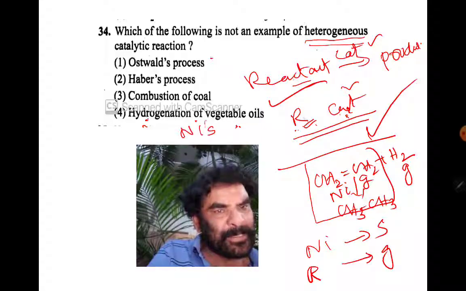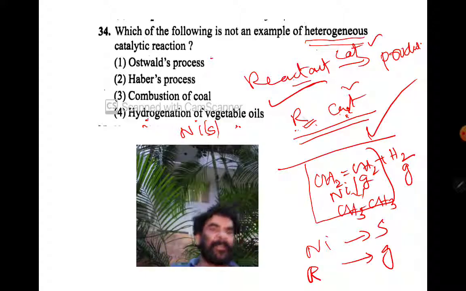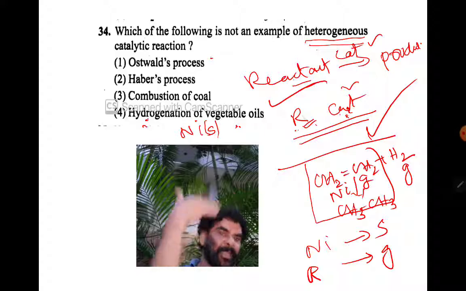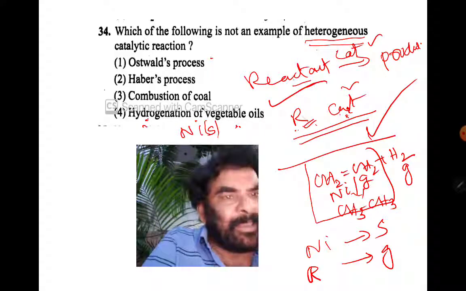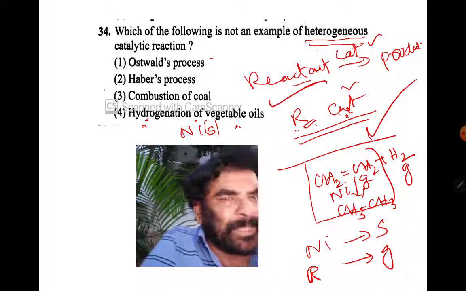Nickel is used as the catalyst for the hydrogenation that prepares dalda. The liquid oil, on treatment with hydrogen in the presence of nickel catalyst, undergoes hydrogenation, and you get a semi-solid or solid material known as dalda or vanaspati.